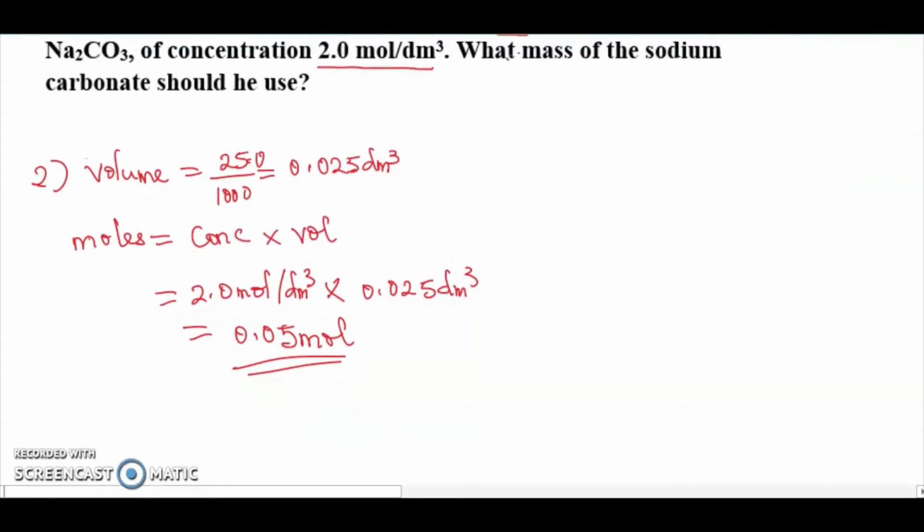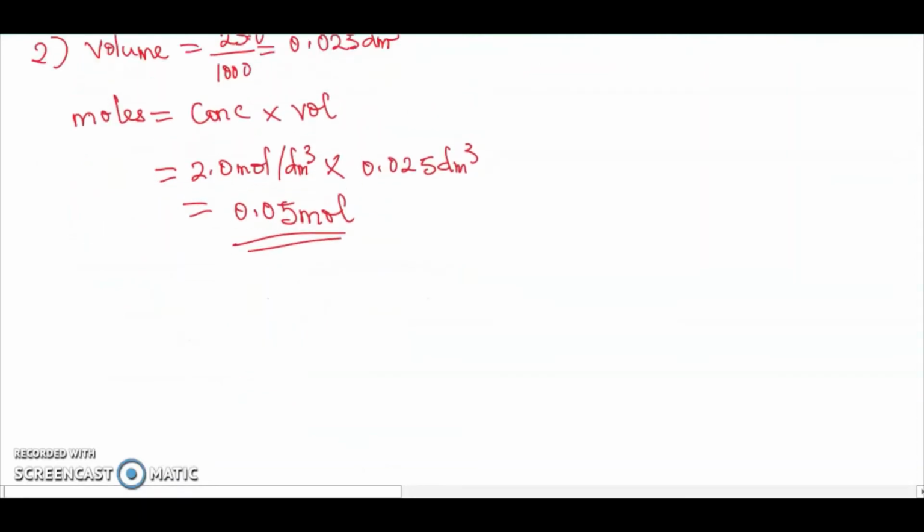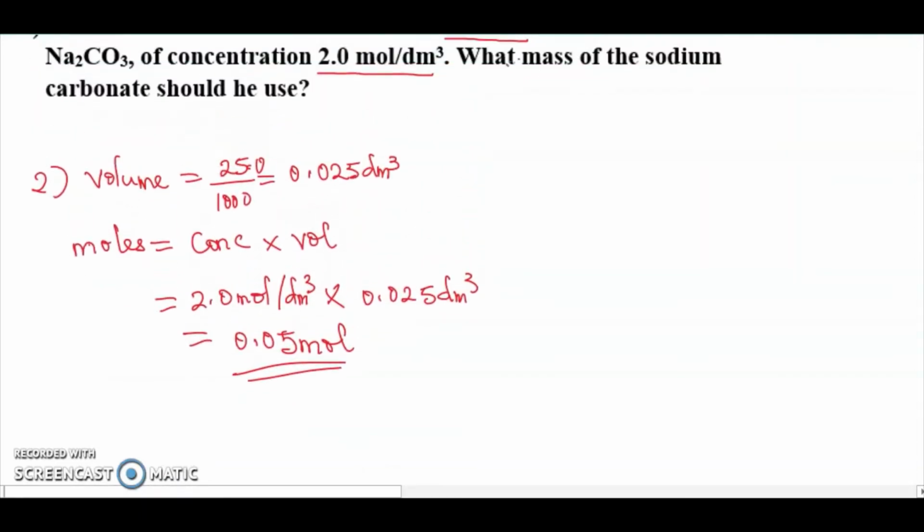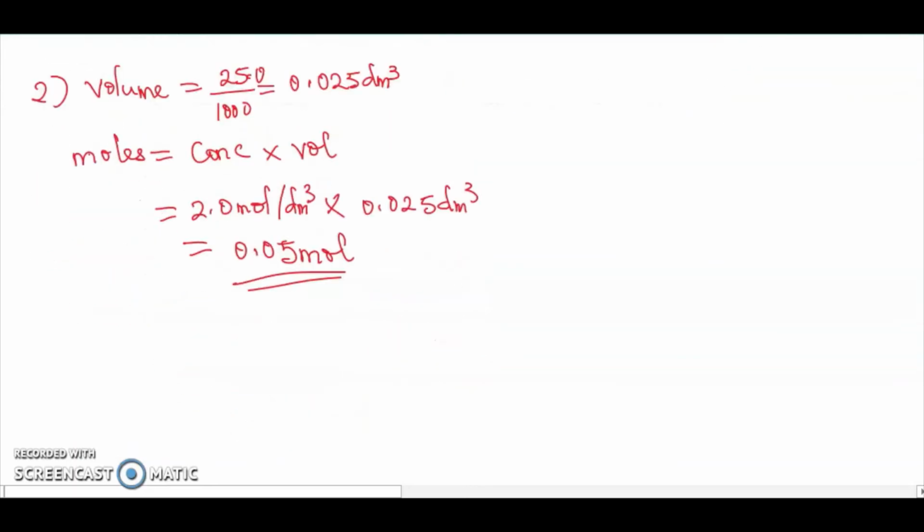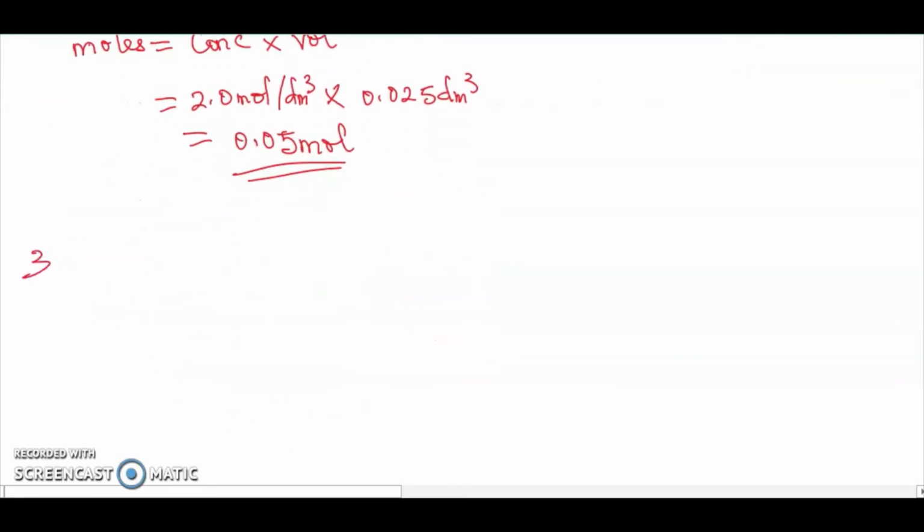Okay, just like we know already, let's start by converting the volume to dm cube. The volume here is 250. So volume is equal to 250 divided by 1000.